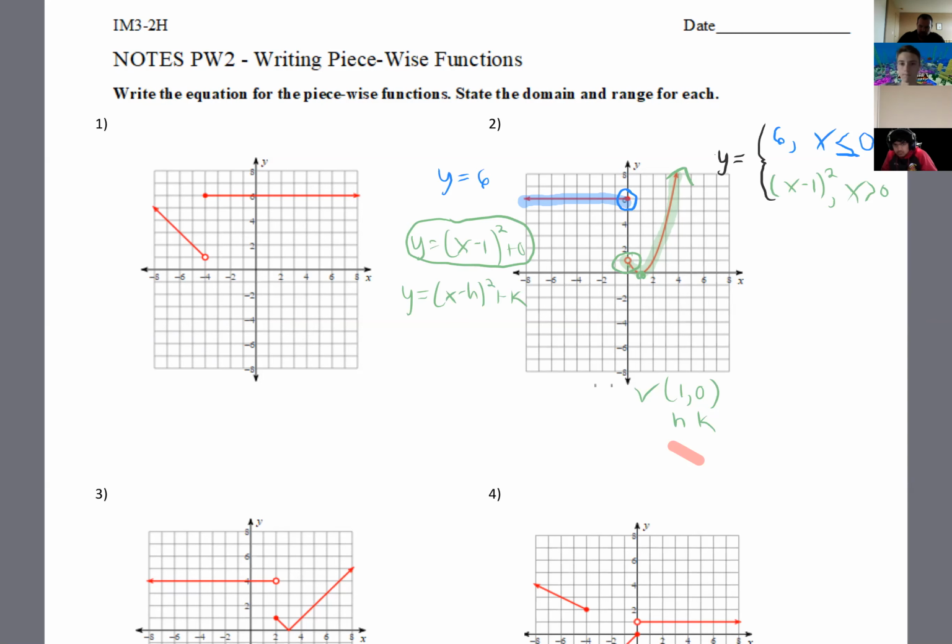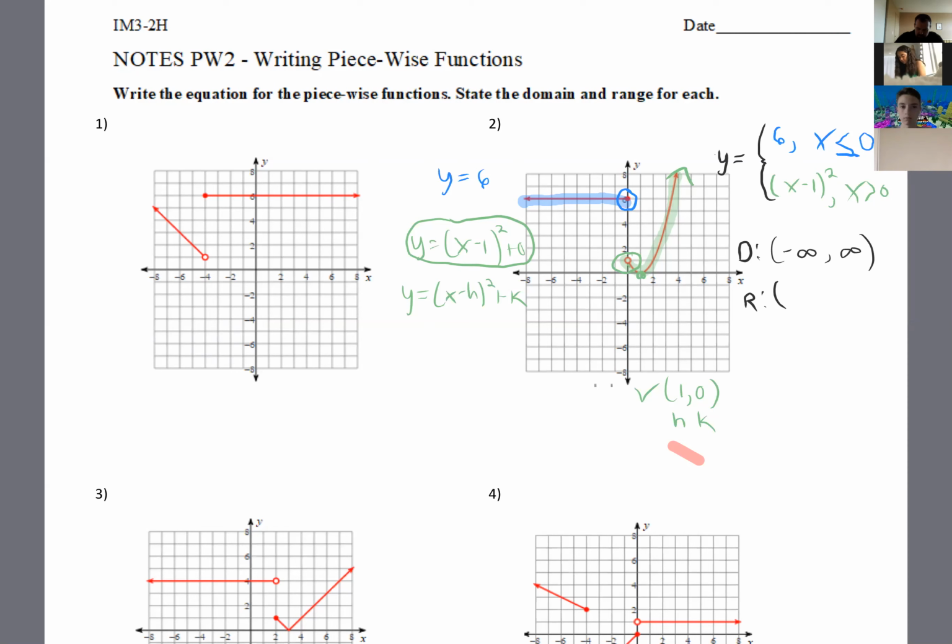Now I just need the domain and the range. The domain is going to be all real numbers. I'm going to write it like this, in interval notation. And then for the range, is there a lowest point on this graph? Yes. What's the lowest point? 0.